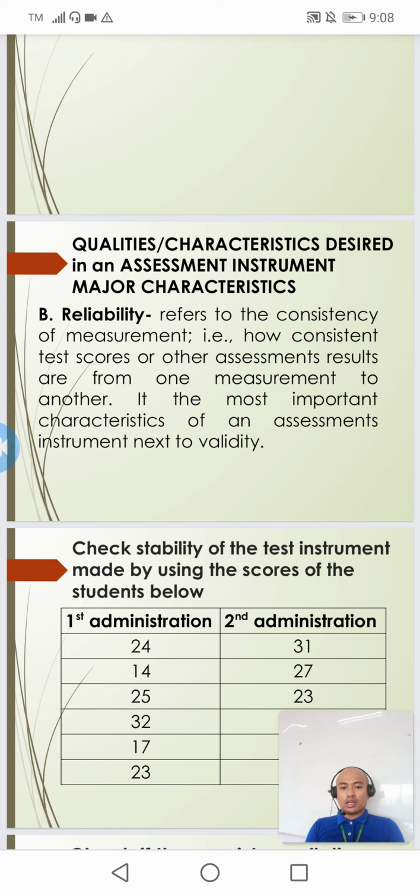Bumaba score mo kasi naiinitan ka, gusto mo nang matapos yung exam mo. So yan ulit ay isang rason kung bakit nag-iiba yung mga test results ng isang test taker. Okay? So environmental factor.